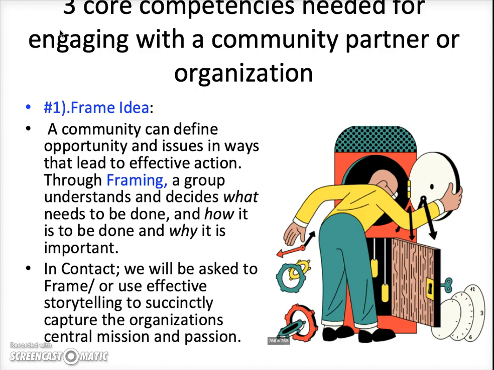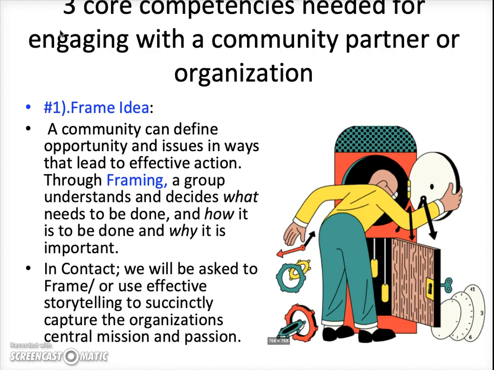In Contact, we'll be asking you to frame or use effective storytelling to succinctly capture that organization's central mission and passion. So when you choose an organization, one of the first things we're going to do is ask you to summarize what their passion is, what their mission is, and what's their central aim, right? And we want it succinctly and easily understood and expressed.